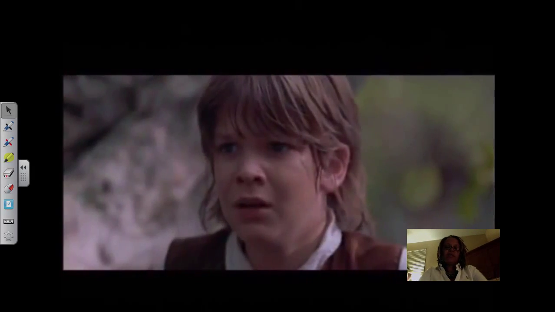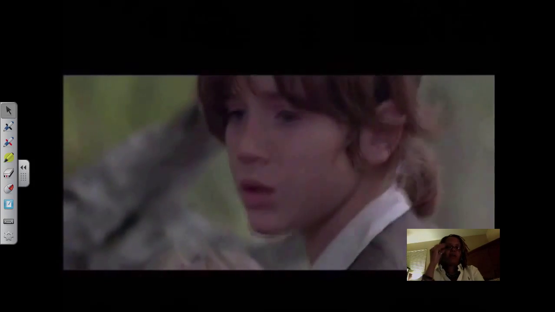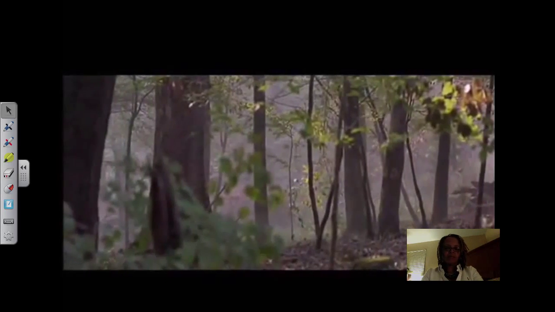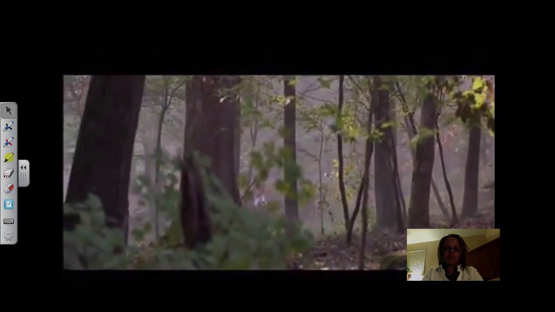Mel Gibson is a patriot fighting with the Continental Army. These are the British soldiers coming on their big horses, their nice clean uniforms.